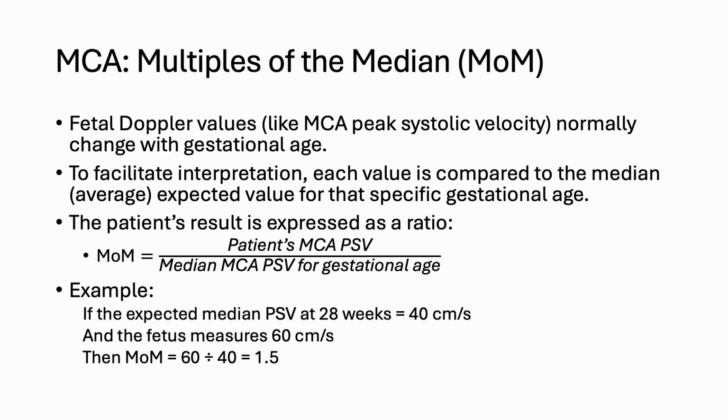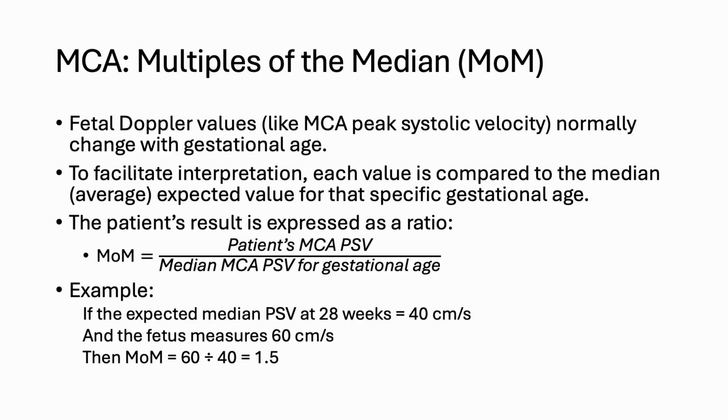So the MCA multiples of median. This is very confusing. It's something that we talk about, the MoM, in different places as we talk about antepartum care. In this setting, the fetal Doppler values, like the MCA peak systolic velocity, or PSV, normally change with gestation.